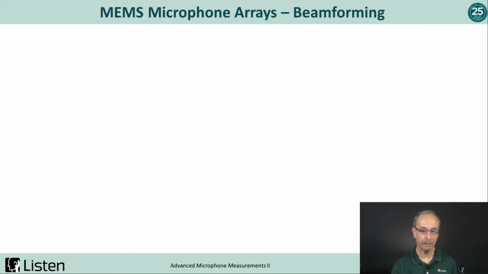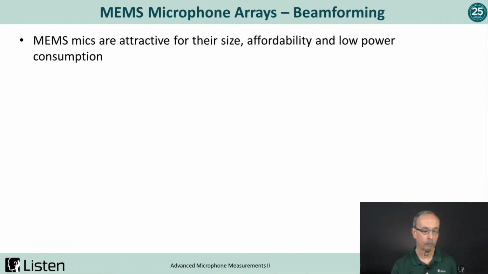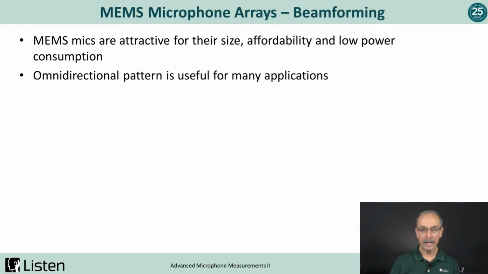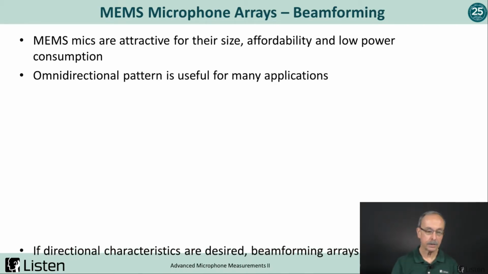So let's talk a little bit about beamforming. MEMS mics are very attractive for their size, their affordability, and their low power consumption. And MEMS mics are omnidirectional, and that pattern is useful for many applications.